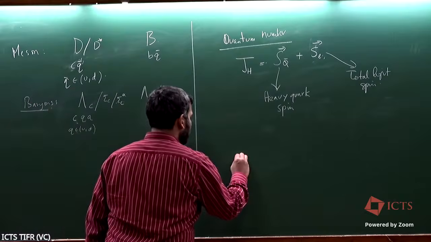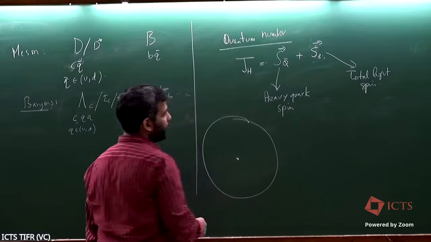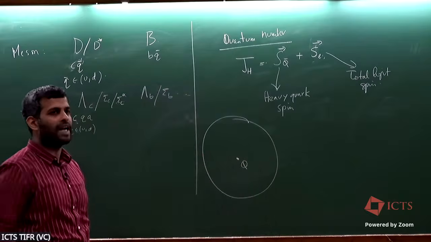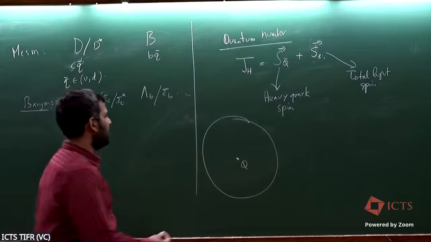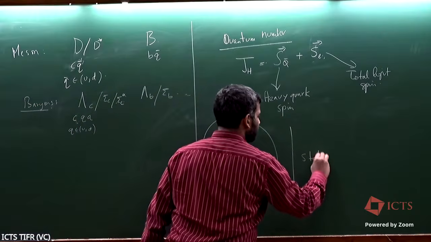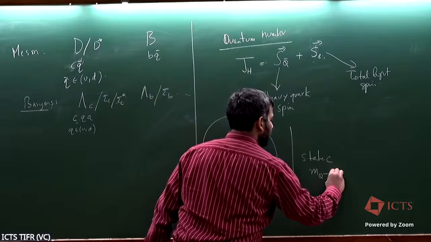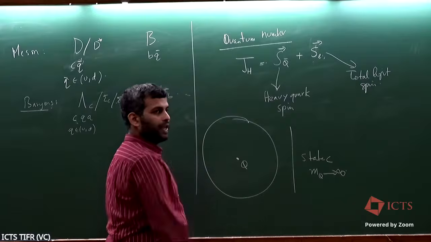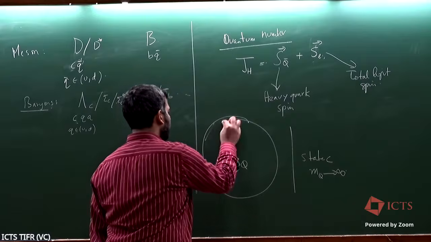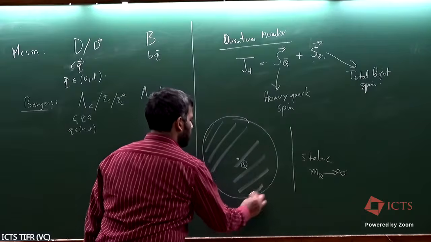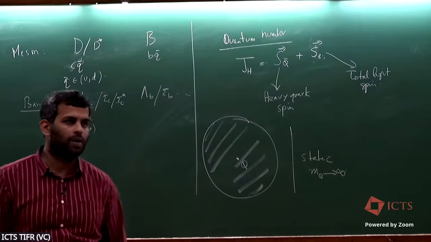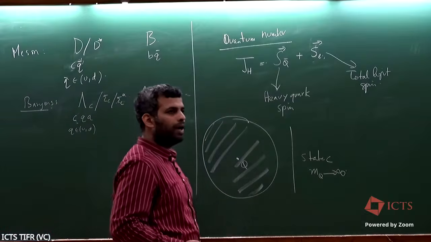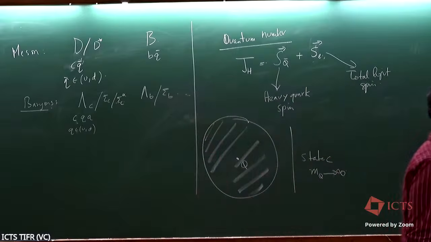That is because if you take the heavy quark to be infinite mass, my heavy quark is fixed and forms a static color source. The term static means I'm taking the heavy quark mass to infinity, which means it is fixed, it cannot move. And my light quark is a soup around this heavy quark. In QCD, this soup can have several q q bar light quark-antiquark pair creations, and several gluonic interactions.